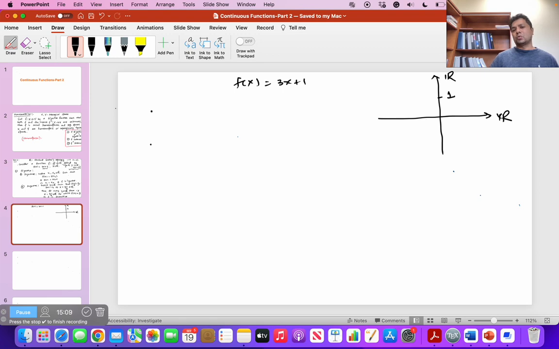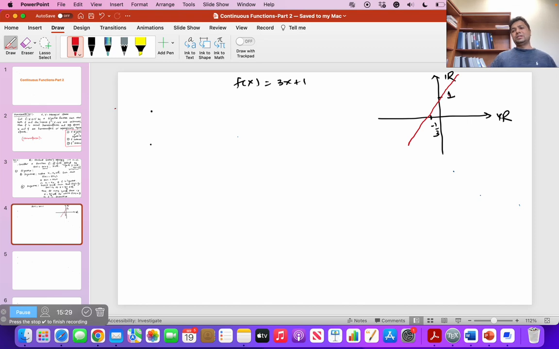And you can see the x-intercept is negative 1/3, so it crosses the x-axis, the horizontal line, at negative 1/3. This is the graph of our function.